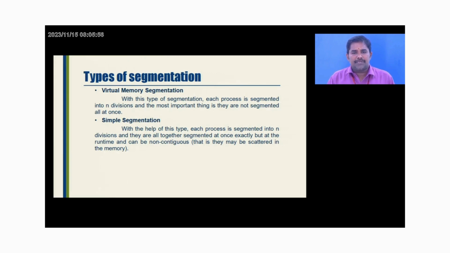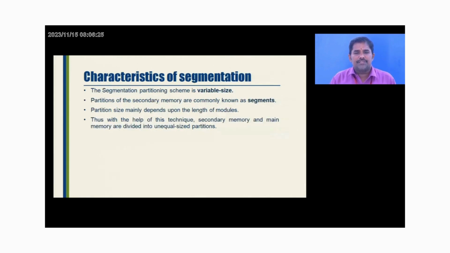In simple segmentation, each process is segmented into n divisions, and they are all segmented together at once. These two matters are important when we focus on virtual memory segmentation and simple segmentation.